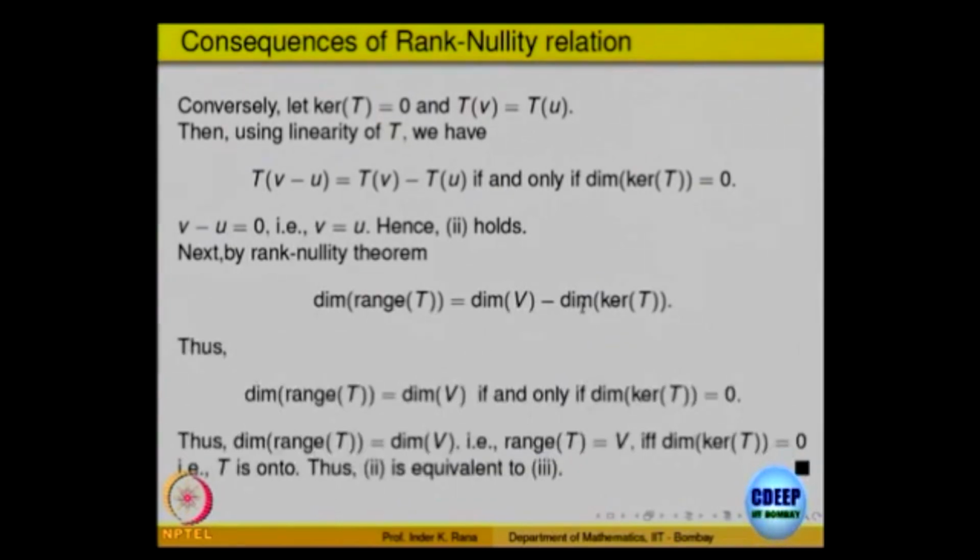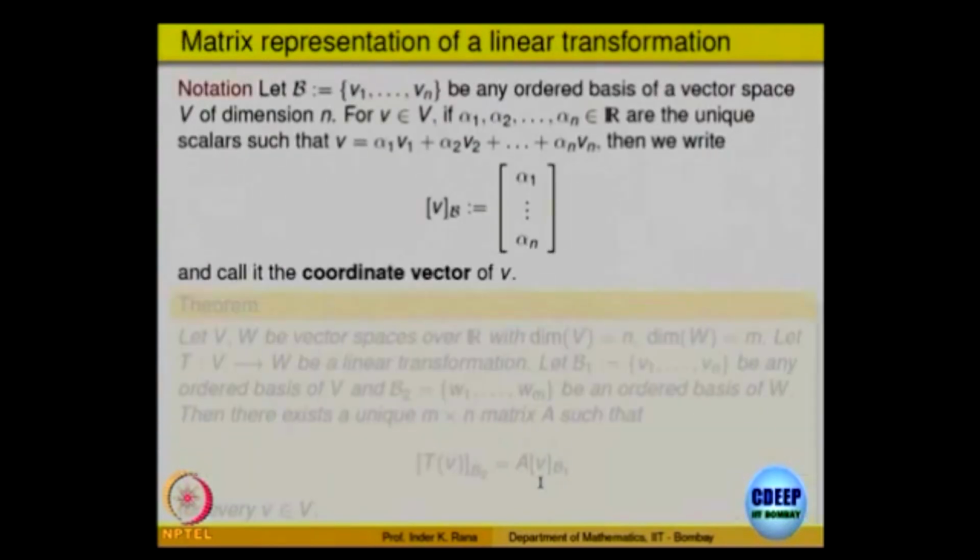So the dimension of the range is equal to the dimension of V if and only if the kernel is 0, and that says 2 is equivalent to 3. Saying a linear transformation is 1-1 is equivalent to saying it is also onto and vice versa. That is a very useful property later on.